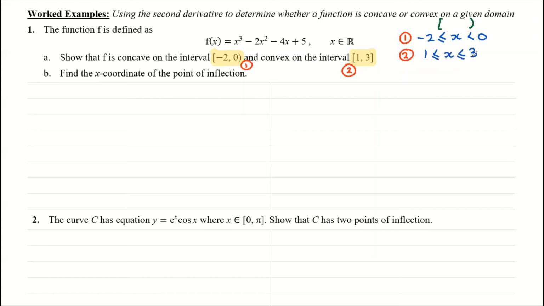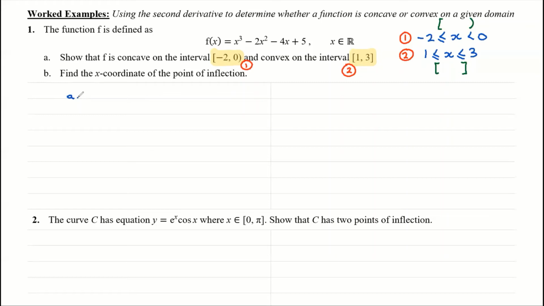Okay, so just a bit of word on notation there. And I'll just stress that. So that would be square brackets on both sides there. Right, so for part A, we have to show that f is concave on the 2 intervals.